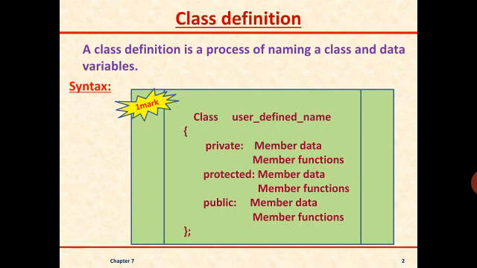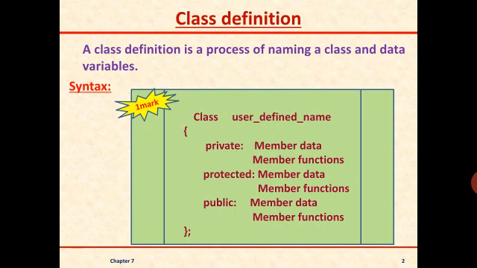We know that a class contains two important things. One is member data, another is member functions. Member data are nothing but the variables, say for example, the account number of the customer in the bank. This is data in the bank.